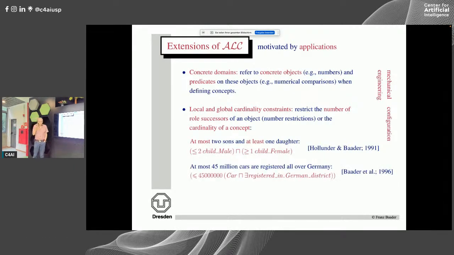But we could also want to talk about the cardinality of concepts. So if I say something like, there's 45 million probably, counting the zeros, at most 45 million cars are registered in Germany.